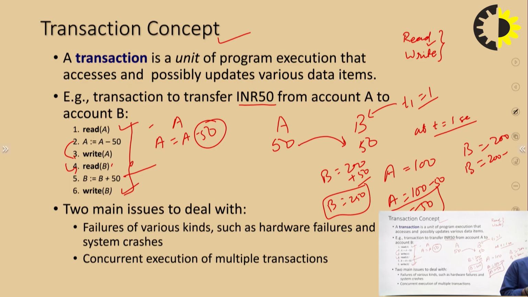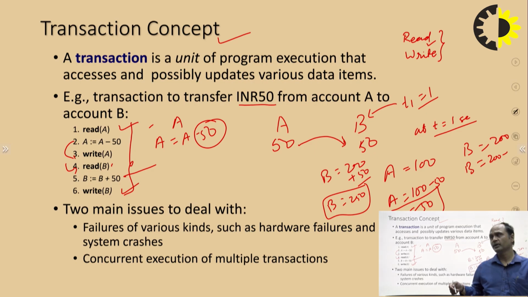There are some issues in a particular transaction. There are two types of issues that we face. They are failure of hardware and concurrent execution of multiple transactions.